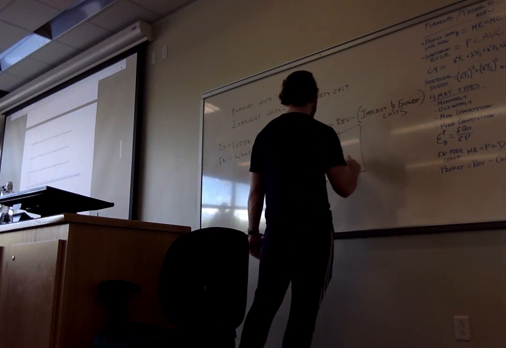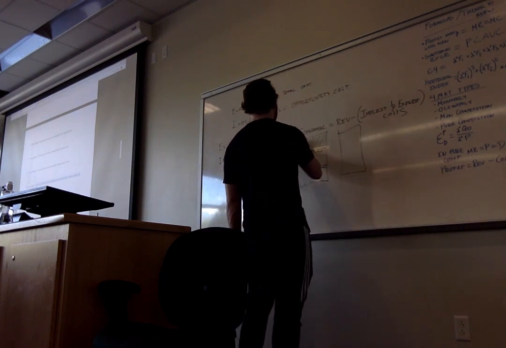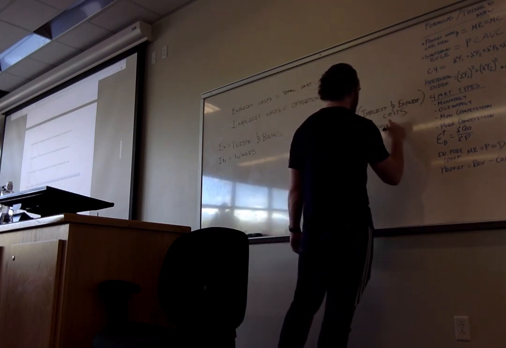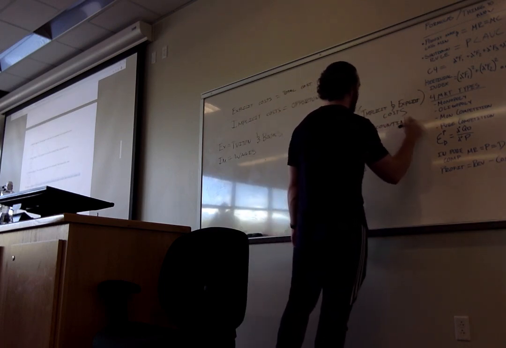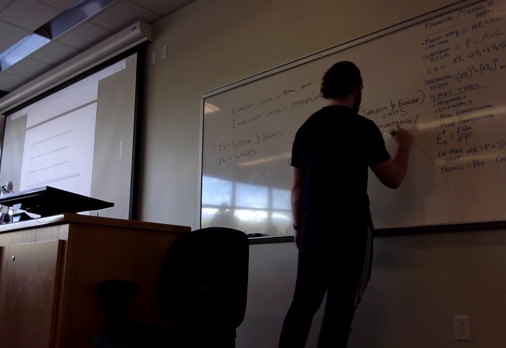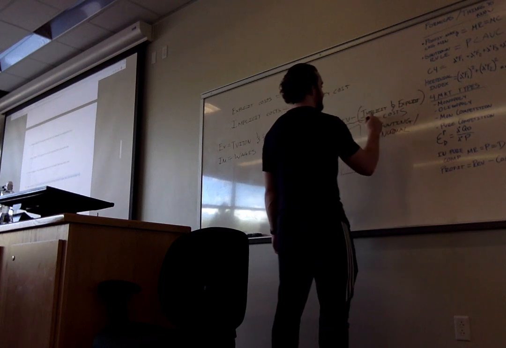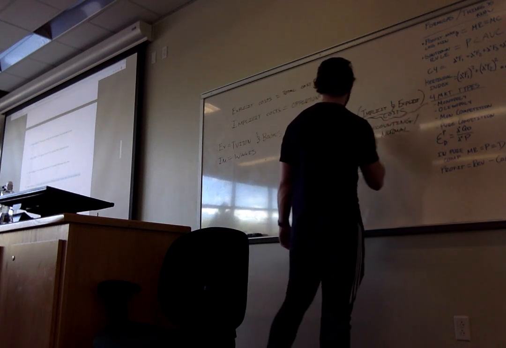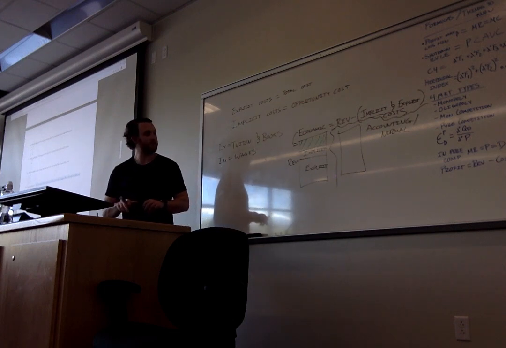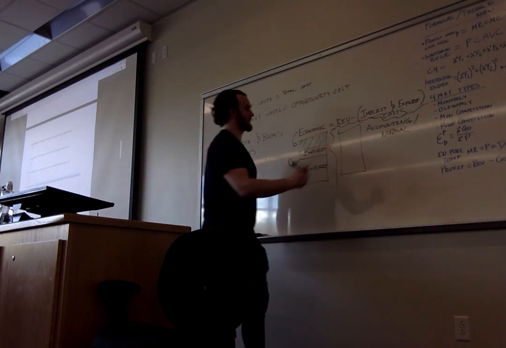Okay, and then accounting. Drawings are going to get sloppy. Accounting profit or normal profit is what? Just the explicit cost, right?